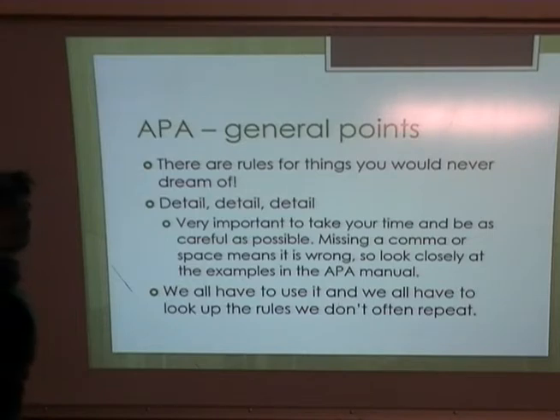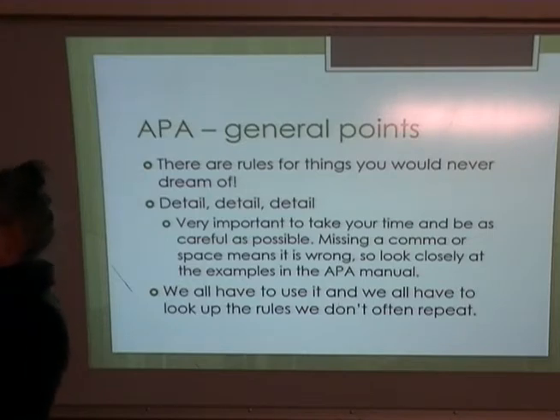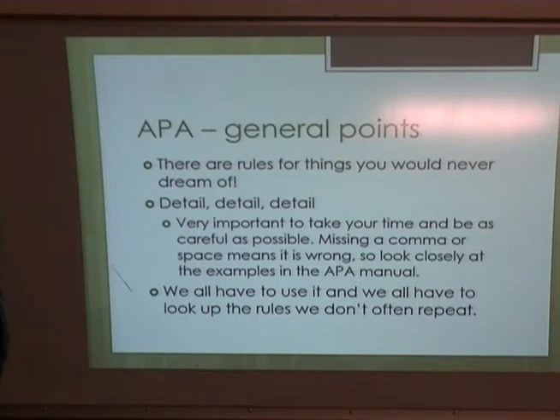In the 6th manual, you had to put 2 spaces after the period. In the 7th edition, they're back to 1 space after the period. I may have that back to front. It may have been 2, 1, 2, not 1, 2, 1, but you'll read the manual and find out.